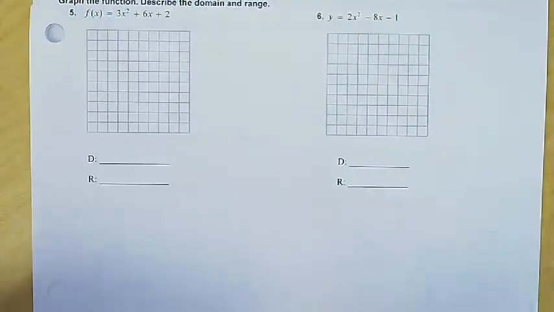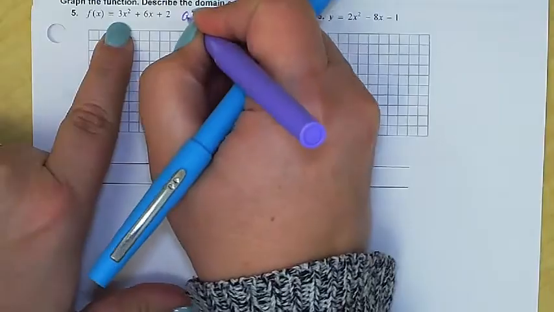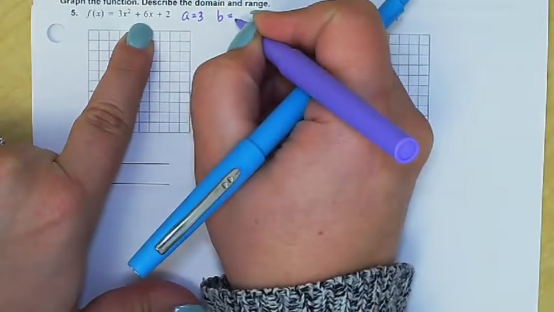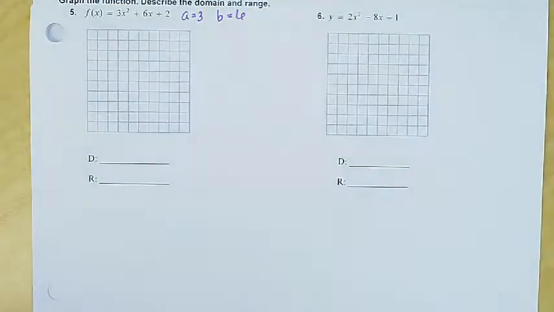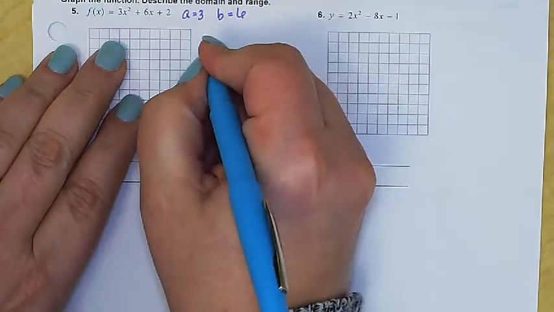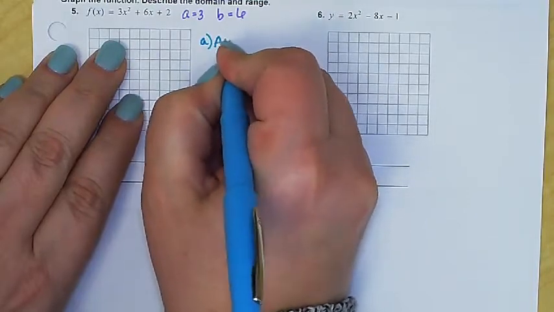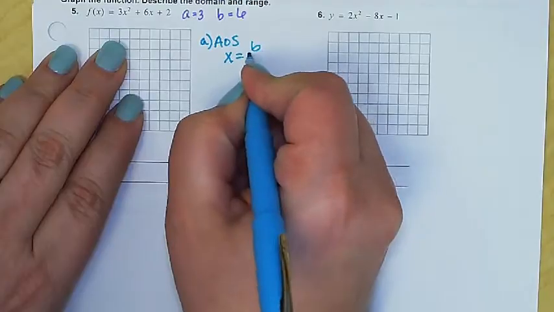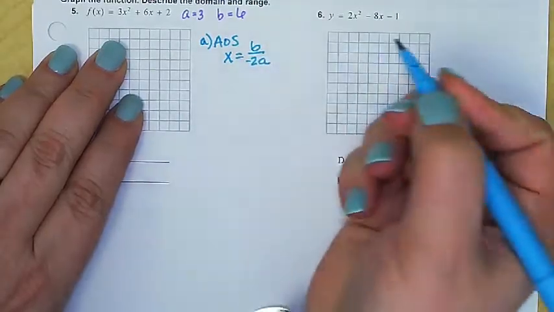Let's first of all identify that our a value is 3 and our b value is 6. And let's start by finding that axis of symmetry. To find the axis of symmetry, we're going to do that b over negative 2a.